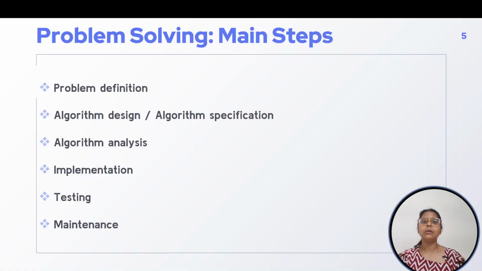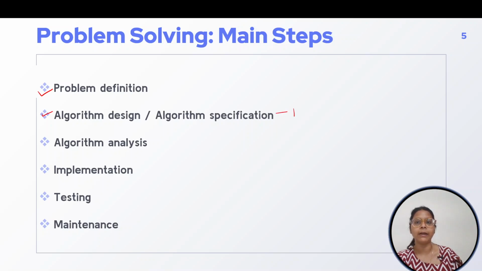If we are going to understand what the main steps of problem solving are, first of all we need to understand what the problem definition is, what exactly the problem being asked is. Then we need to understand the algorithm designs. These are predefined algorithm designing techniques, or you can even say algorithm specifications.